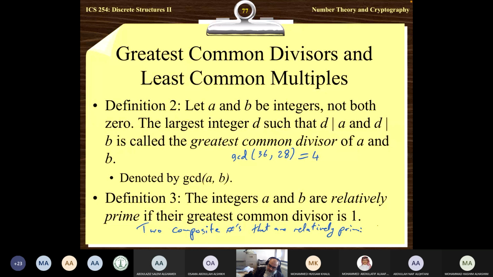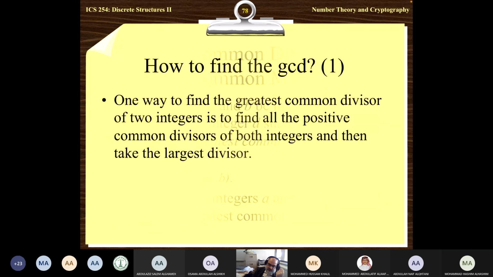Excellent. Somebody on the chat said 4 and 9. Both of them are not primes, but they are relatively prime, because their greatest common divisor is 1.